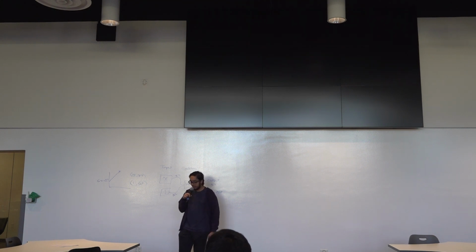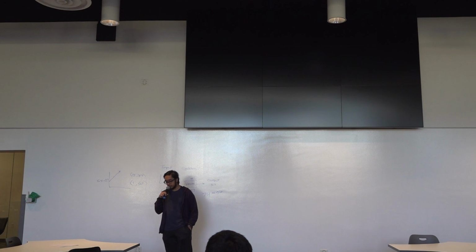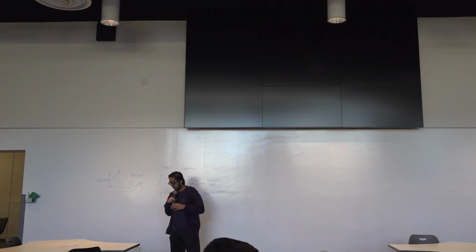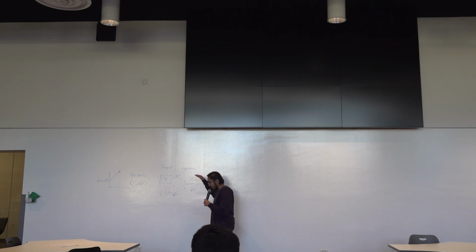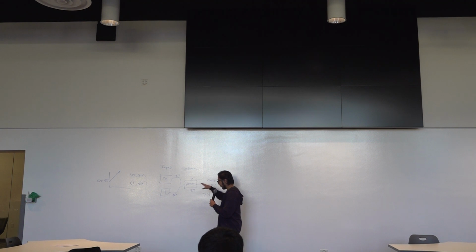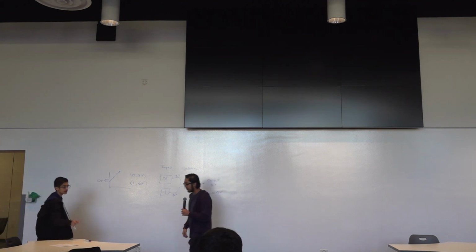So hierarchical data structures are essentially, you can think of it as a tree where you have a root, and then you have branches, and then on those branches you have leaves.